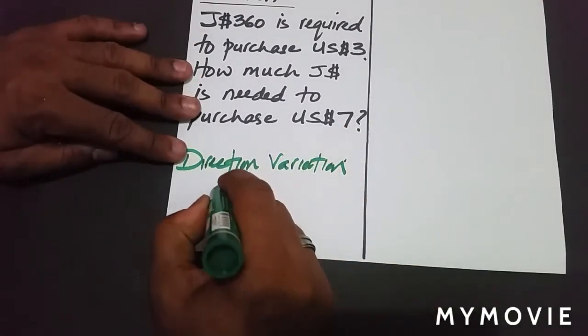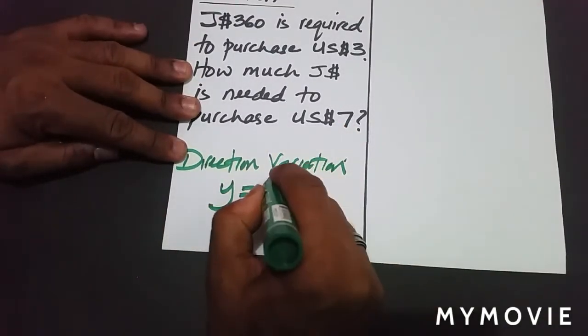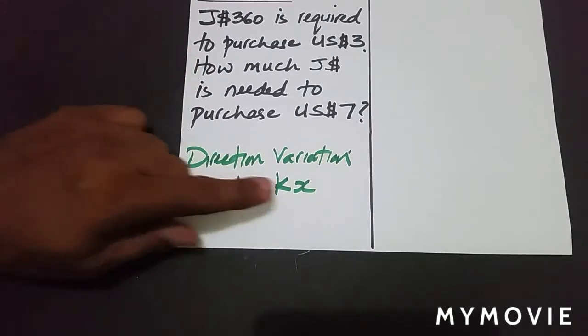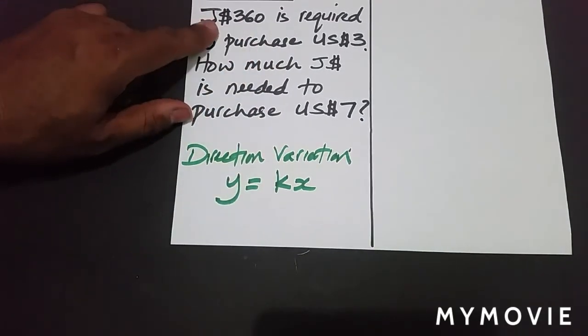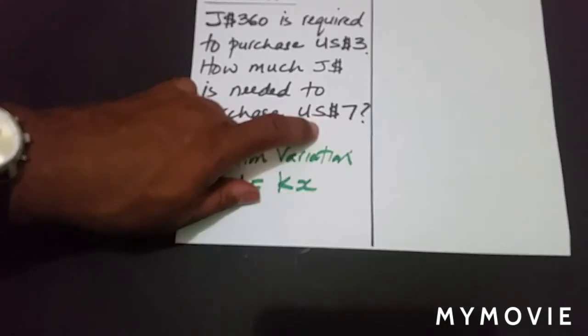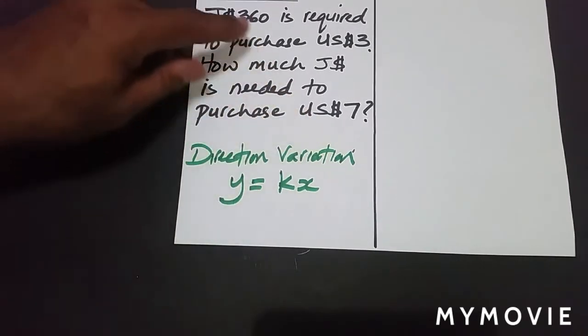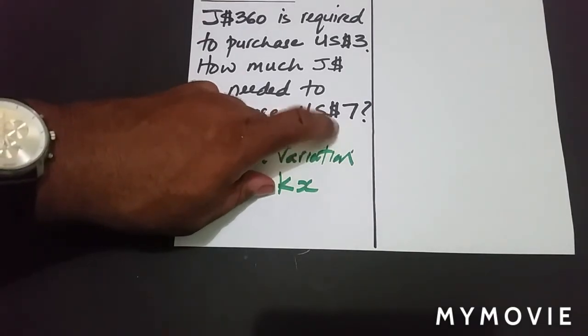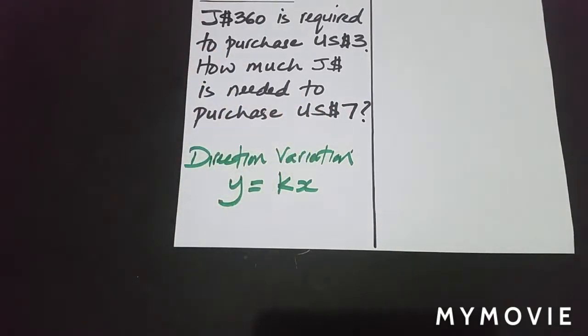And for direct variation, the formula is y is equal to k times x. Now, there is no y and x in the question. There is a j and there is a us. So those are the two variables, j for Jamaican and u for American.